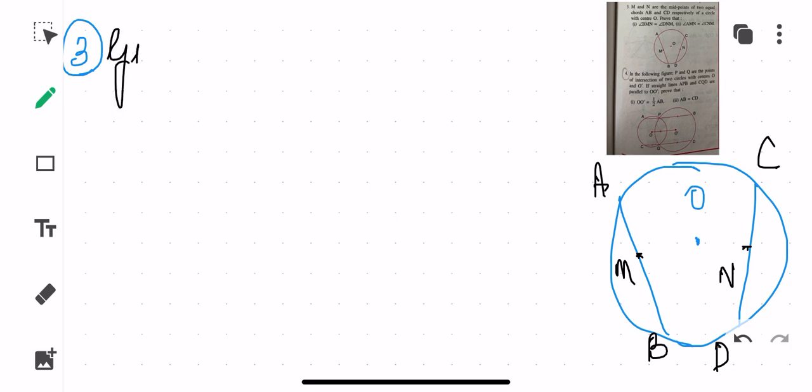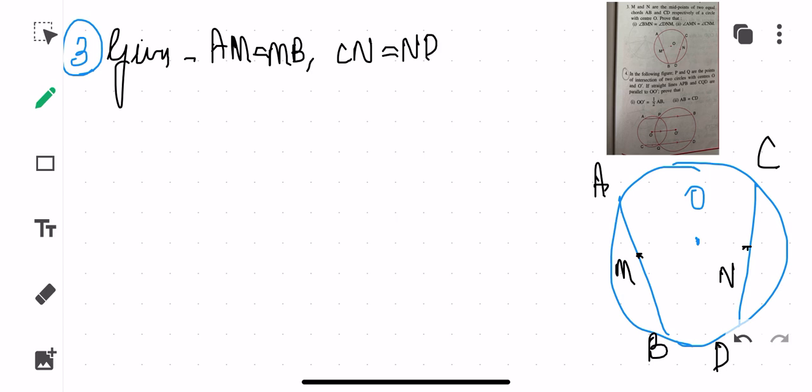So what will you be writing now? First we will be writing the given part. M is the midpoint, which means you will be writing given: AM is equal to MB, and further CN is equal to ND.